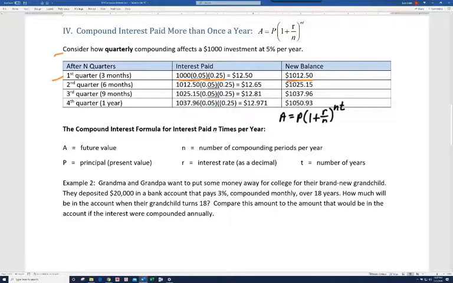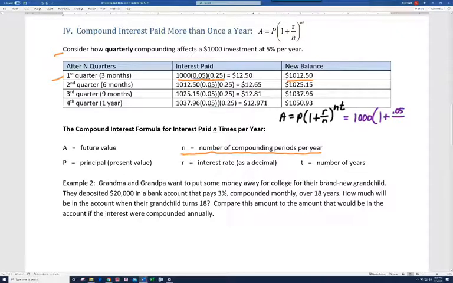All right, so I'm going to go ahead and write down the formula, and I'm going to use it for this problem here. So in this problem, the starting amount or principal is $1,000 times 1 plus 0.05, that would be our interest rate written as a decimal, over n. Now n is the number of times that the money is compounded per year, or basically how many times they're applying interest to your account per year.